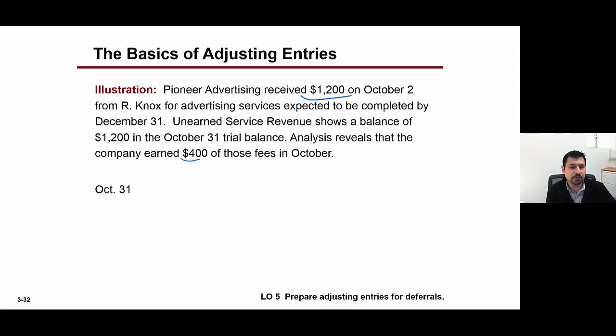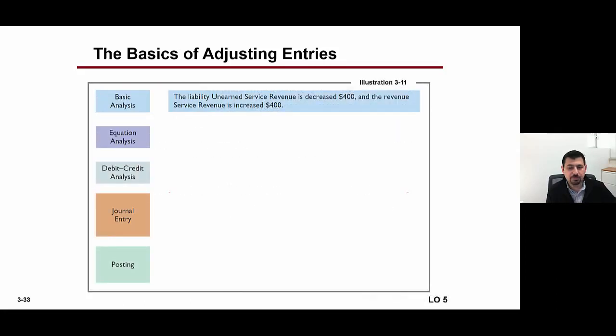And when liabilities decrease, we debit unearned service revenue, which is the liability, $400, and this is the amount that the company has earned as service revenue because they have already provided those services. Before adjustments, as we said, stockholders' equity, revenues, and net income were all understated by $400. Liabilities were overstated by $400. That was before the adjusting entry.